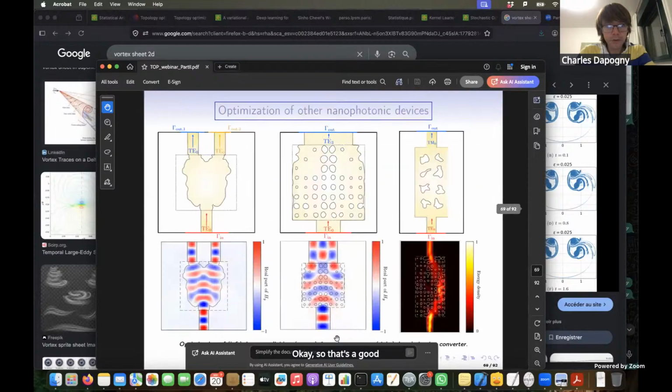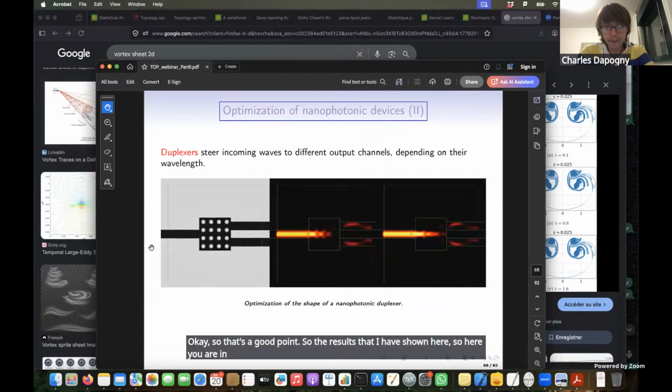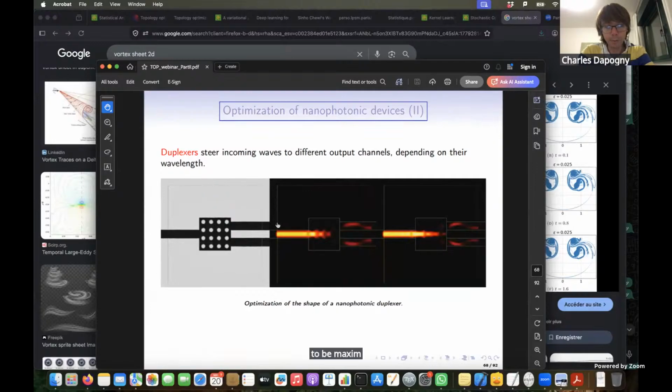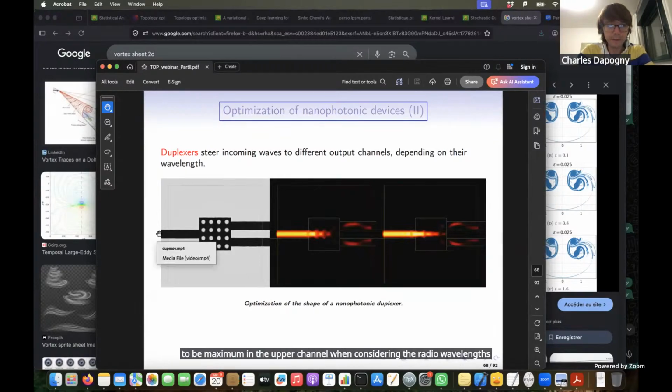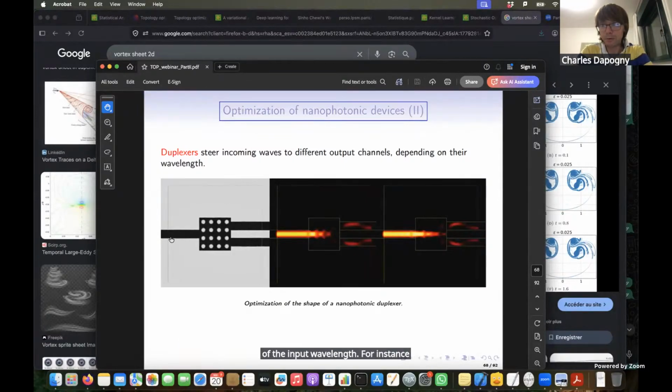So the results that I have shown here, in the optimization of this device here, you have two wavelengths because you want the power to be maximum in the upper channel when considering the red wavelength, for instance, and to be maximum in the lower channel when you consider the other wavelength. But I think that your question is about robustness, meaning are these shapes robust if we do a small perturbation of the input wavelength, for instance, if we have some uncertainty about the input wavelengths.